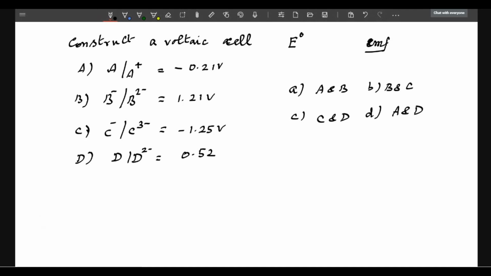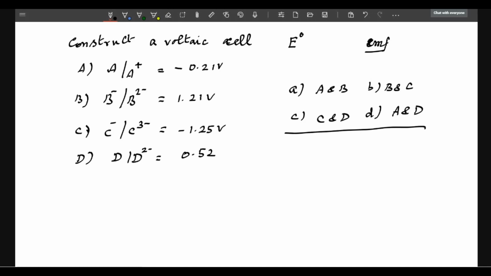This is the choice given for which combination of the electrodes will give you a cell with the highest EMF. And for the third question, which combination would give you the cell with the least EMF? I have not prepared this one, so we will calculate it.